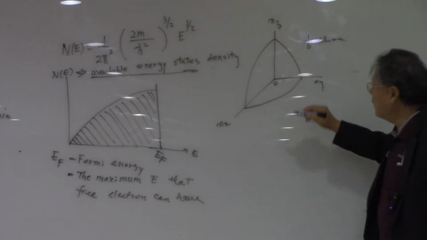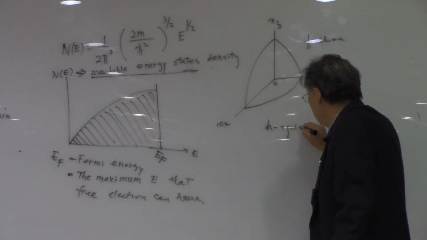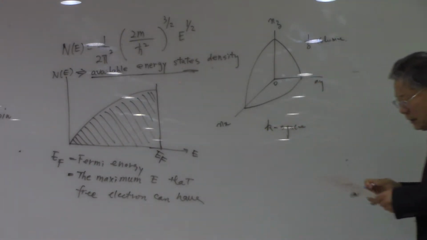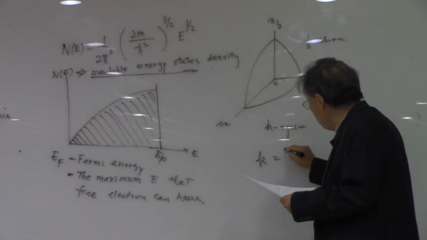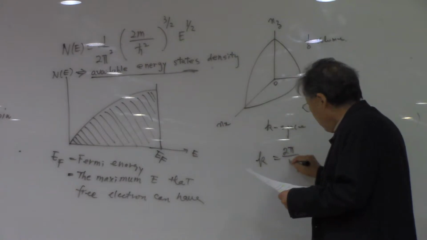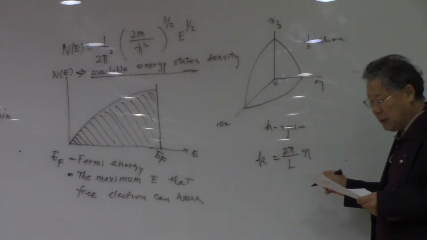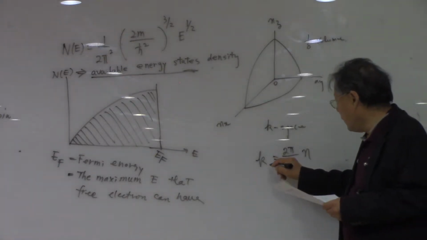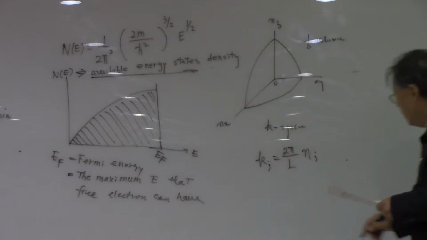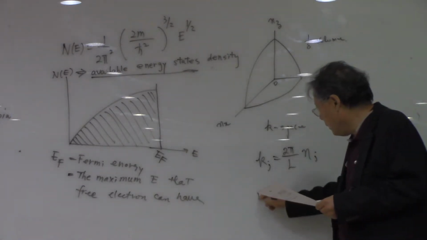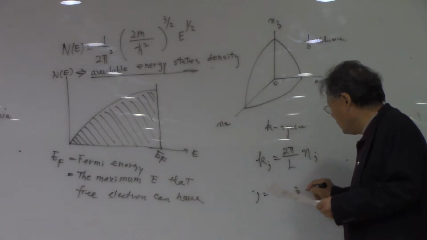That is the n-space. Now, in the k-space, k is related to 2 pi over L times nj, where j is equal to x, y, and z.